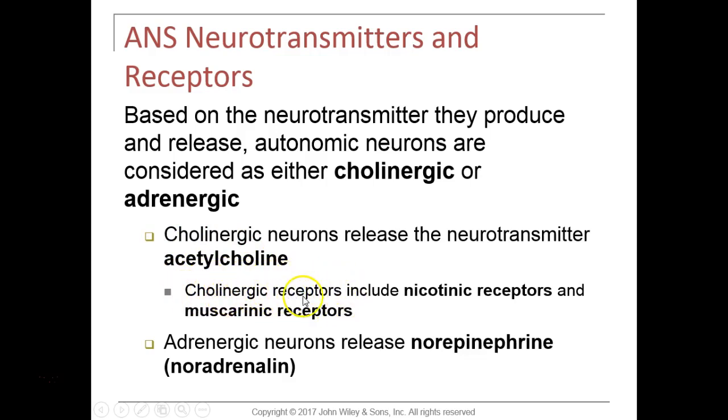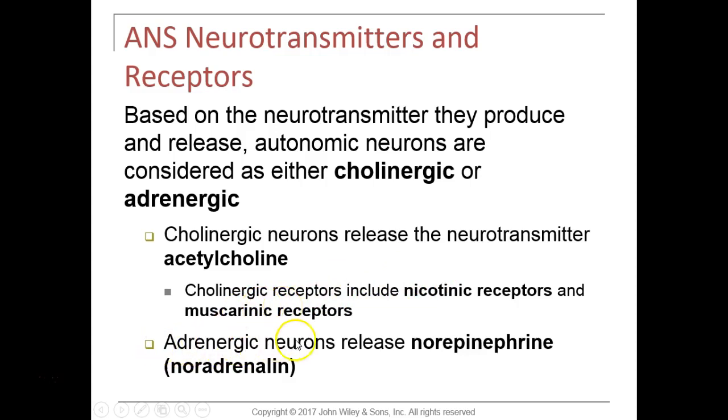There are two basic types of cholinergic receptors with subtypes in there, but two basic classes of them. One major class is called a nicotinic receptor, and the other major class is called a muscarinic receptor. I'm going to show you where they're located in a minute. But both of these types of receptors bind acetylcholine. They never bind epinephrine or norepinephrine.